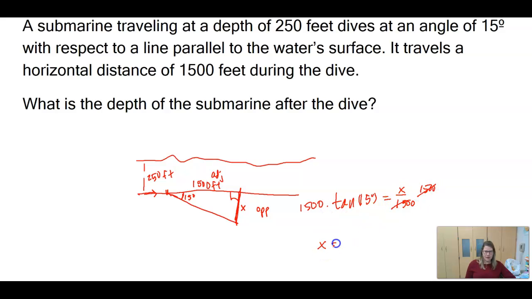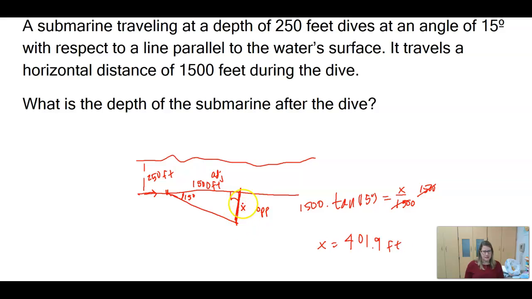So in my calculator, I've got tangent 15 times 1,500. Make sure you close your parentheses if you put the tangent in first. So x equals 401.9 feet.